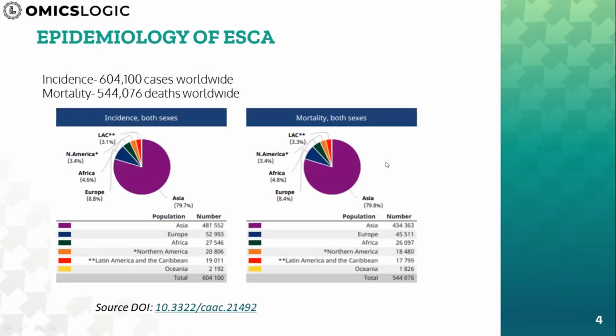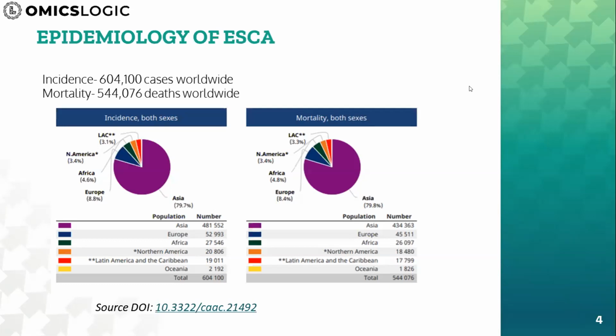Talking about the epidemiology, these figures are from the WHO Global Cancer Repository, from the 2020 data. For esophageal carcinoma, there were more than 600,000 cases of esophageal cancers, and the resulting mortality was more than 540,000.